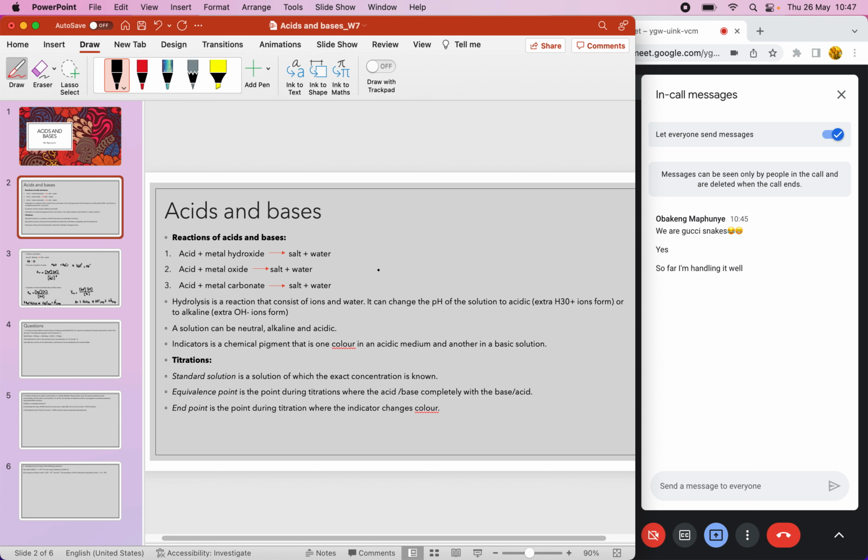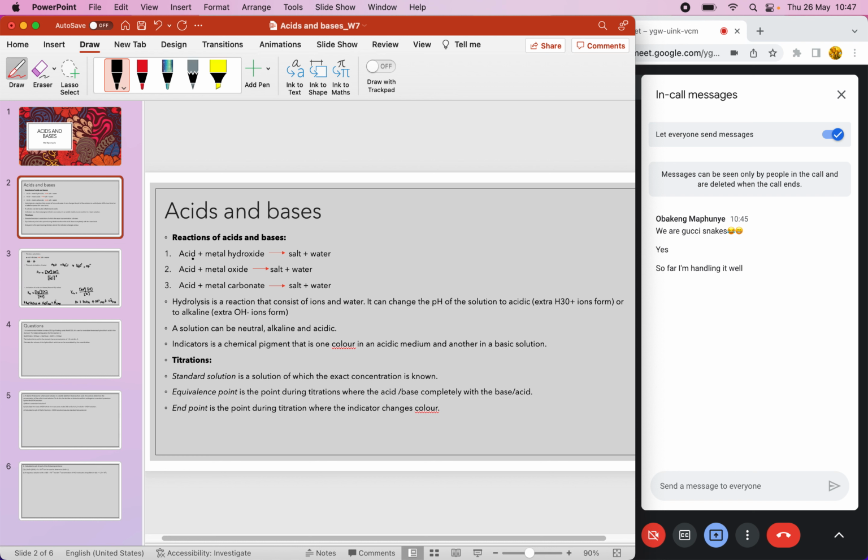And we said that for you to get salt, it's from your cation and anion. And where do you get your cation? Your cation, you get it from your metal hydroxide or metal, and your anion, you get it from your acid. So these are some of the types of the reactions.